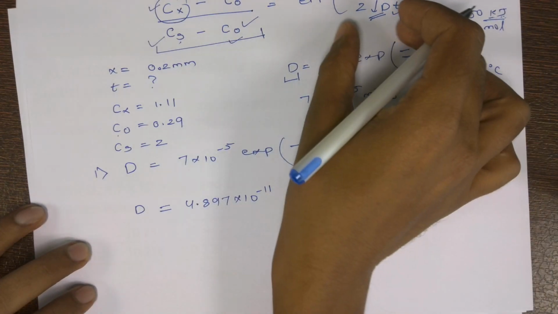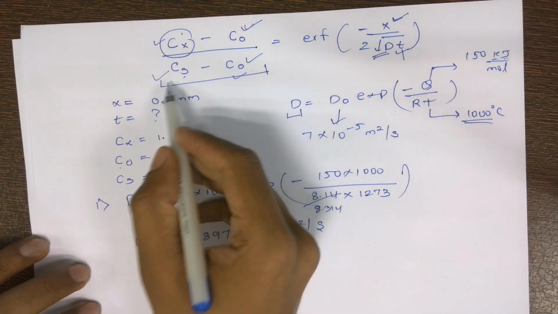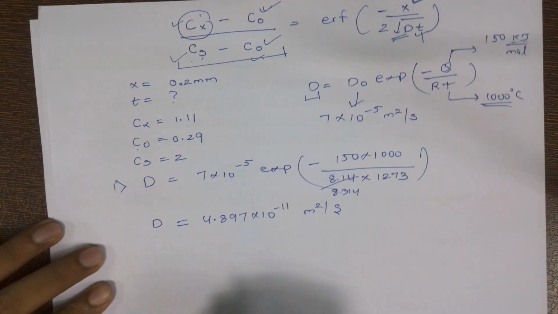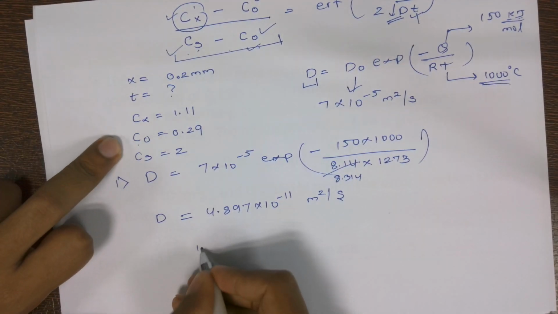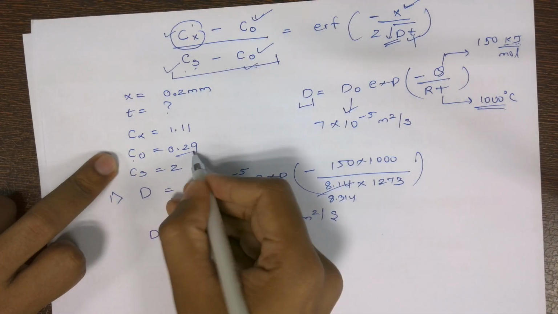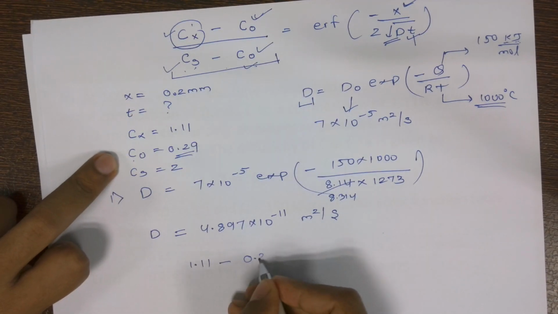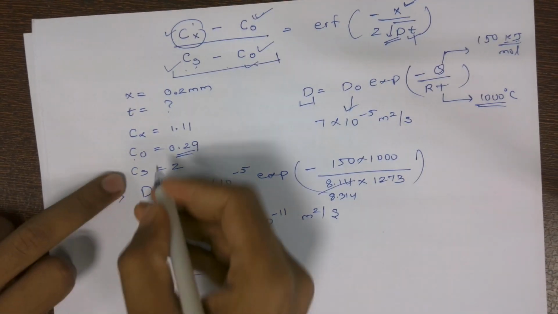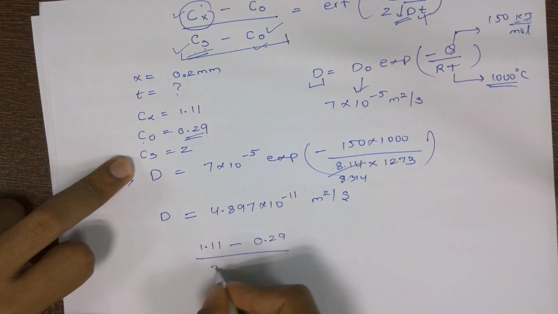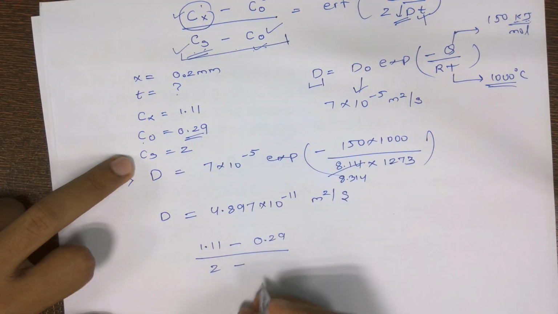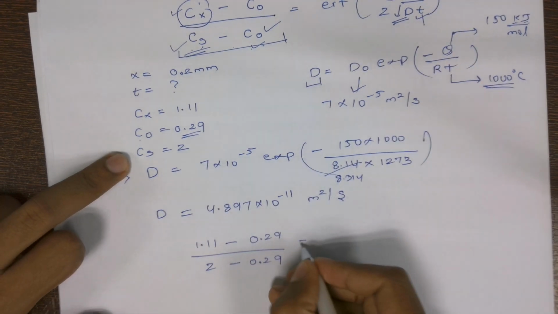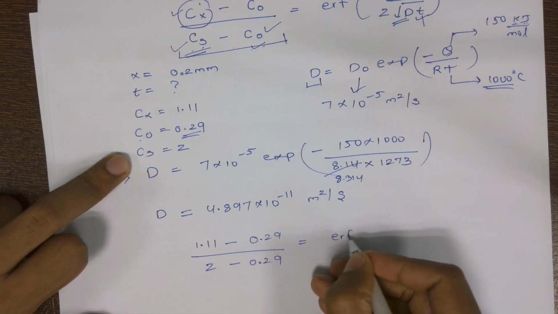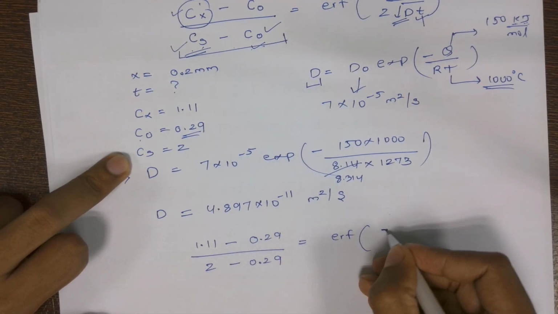Now let's try to find this value, Cx minus C naught divided by Cs minus C naught. Cx is given to us, 1.11, minus C naught, 0.29, divided by the surface concentration, which is always 2, minus C naught, that is 0.29. It will be equal to the error function of minus x.